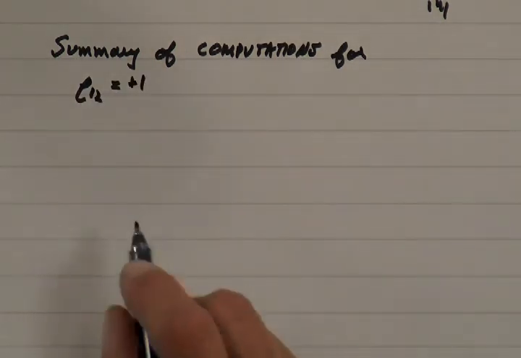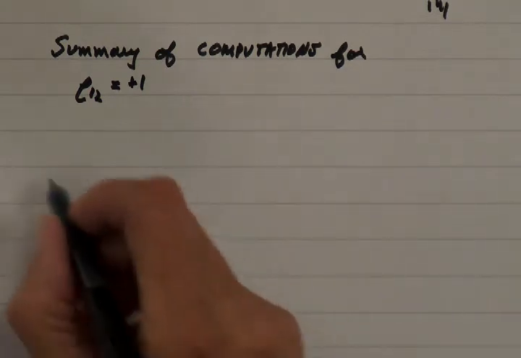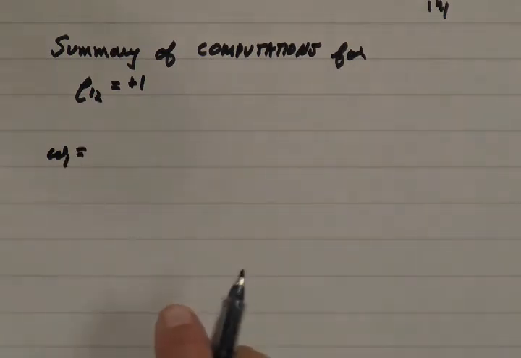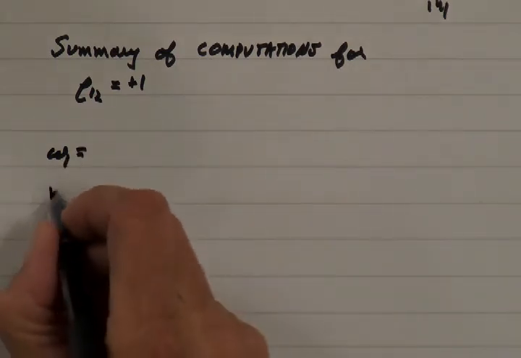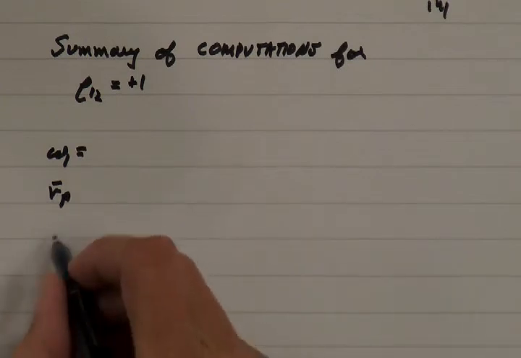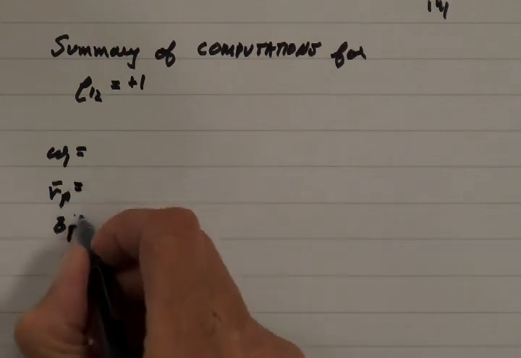We're going to look at that leg for the perfectly positively correlated. So we're going to vary W1, then calculate the rate of return, and then we'll calculate the standard deviation.